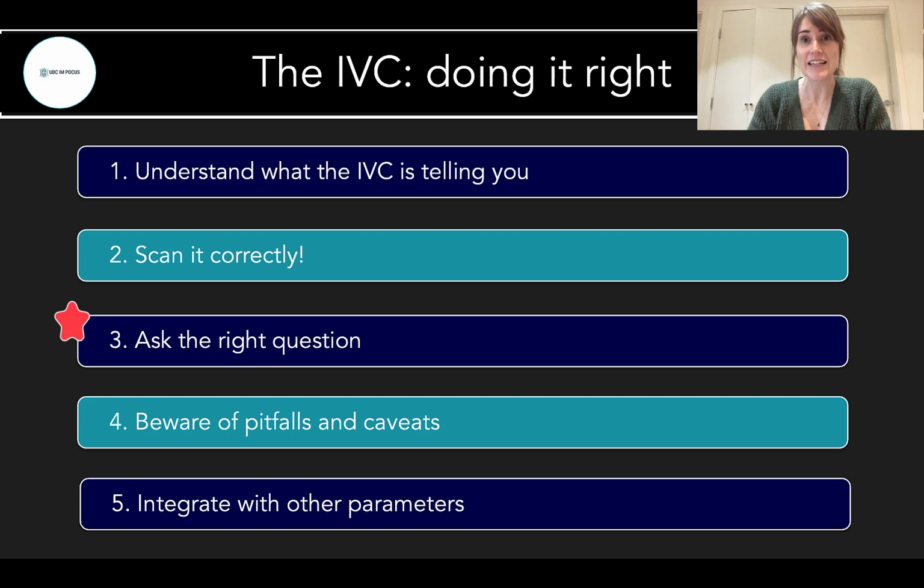Number three, we're going to ask the IVC the right clinical question, and we're not going to overestimate what the IVC can tell us. Number four, be aware of some of the pitfalls and caveats here, both technique-wise as well as with clinical interpretation. And number five, as always, we're going to integrate the IVC with all of our other clinical parameters, and we're not going to solely rely on a single measure to tell us volume status.